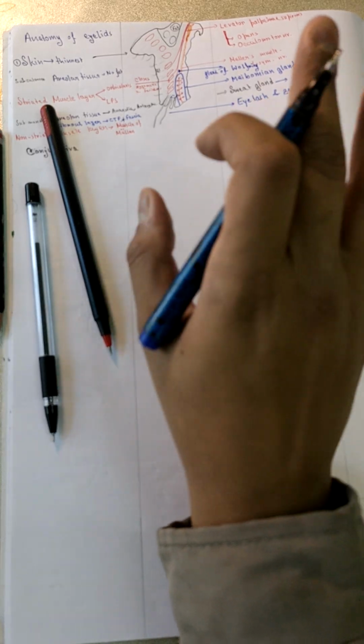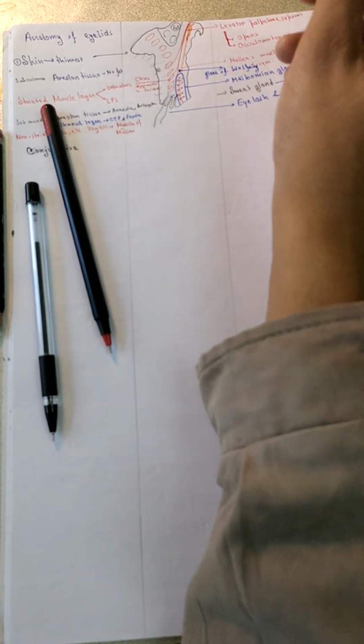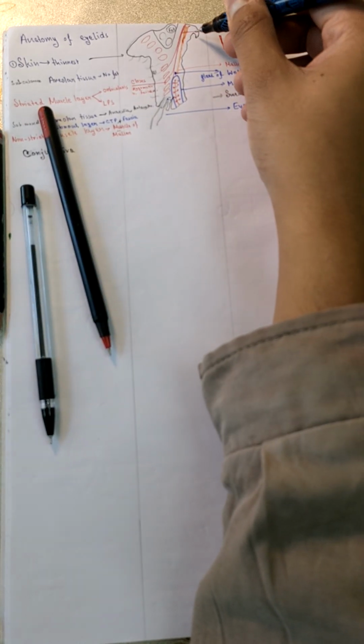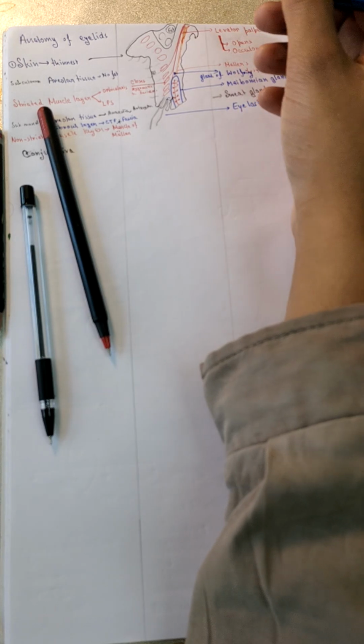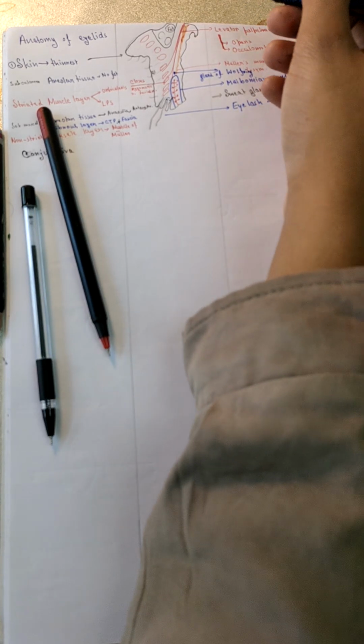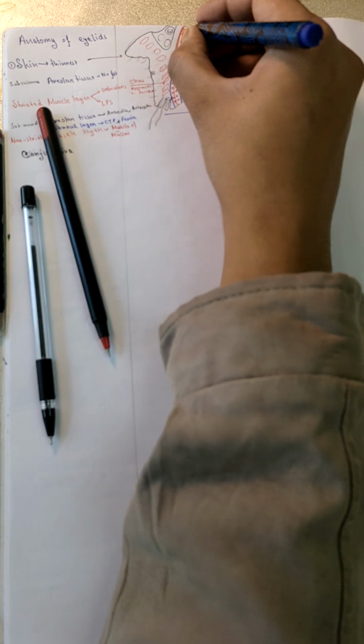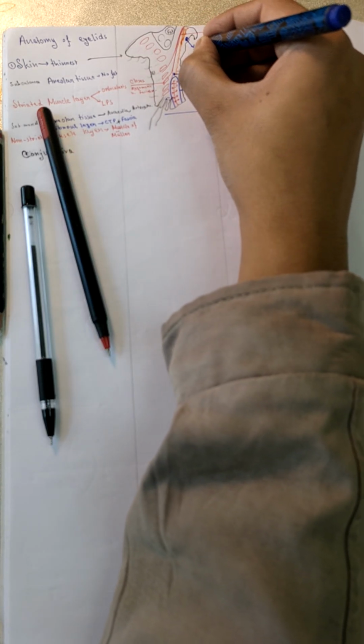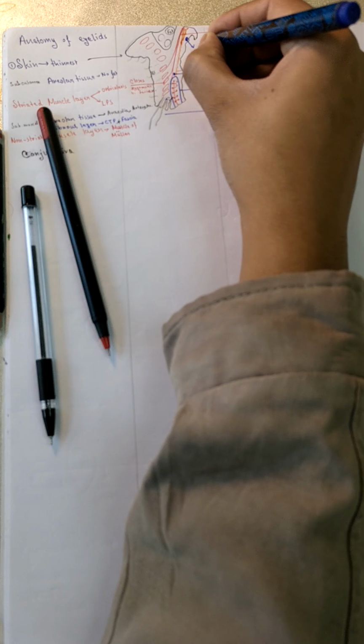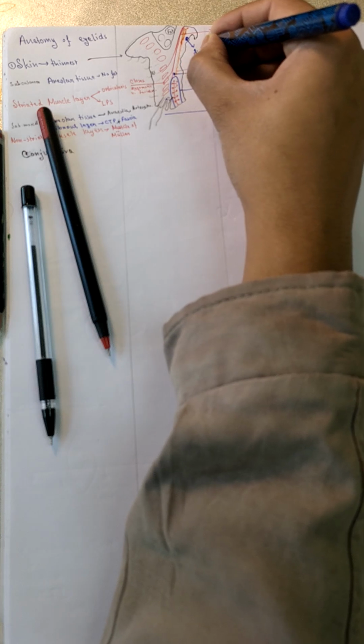In this particular picture there is another gland, the gland of Krause, but it is not written here.